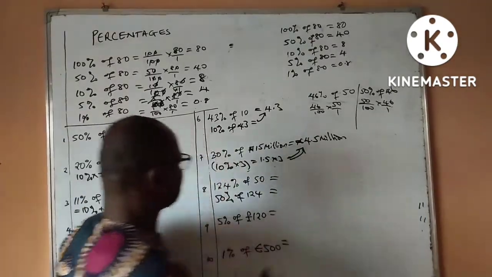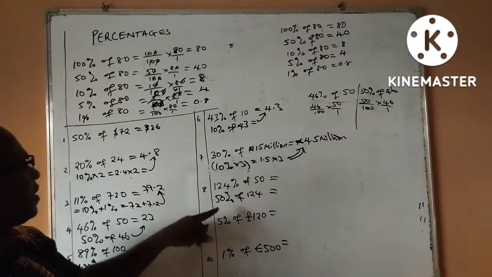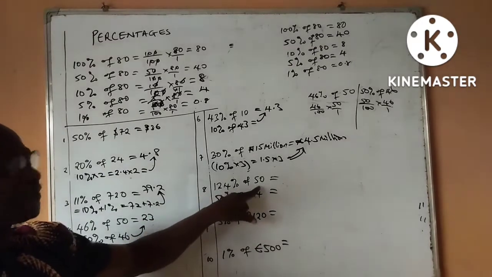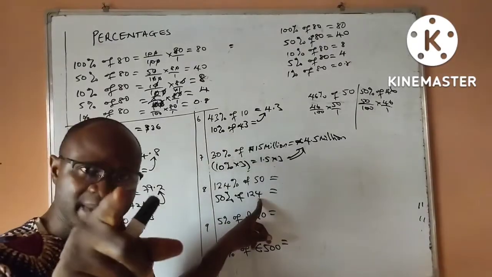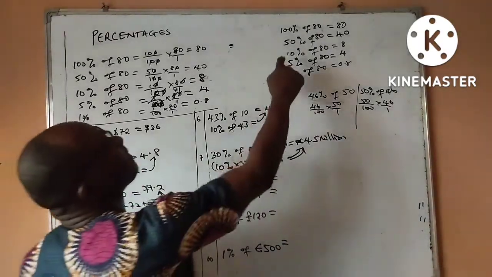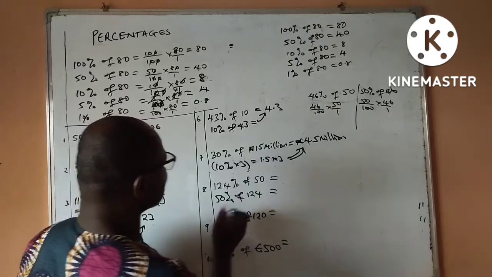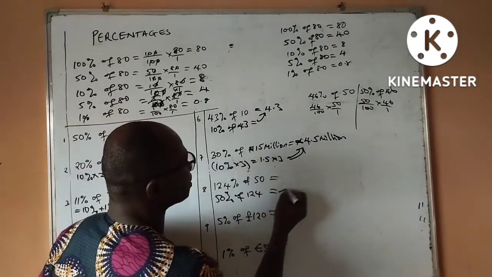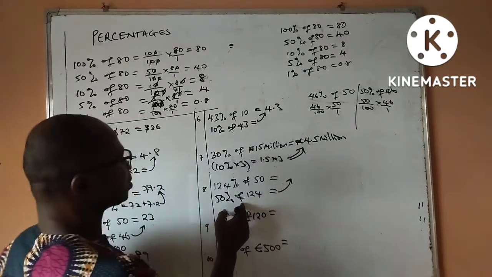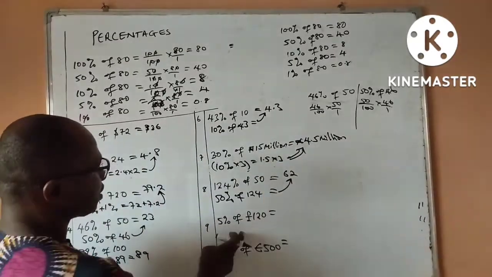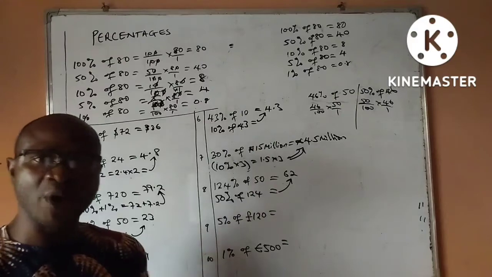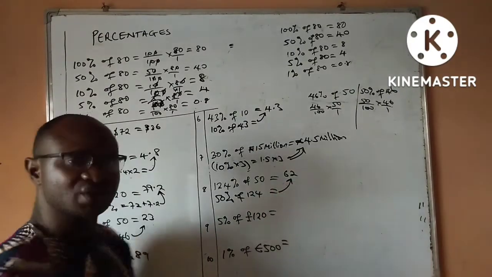I can simply say that multiplying 124 by 50 is the same thing as multiplying 50 by 124 and dividing by 100. So, 50% says half of the number. That means 50% of 124 is simply going to give us 62. Easy. Number 9. 5% of 120 pounds.